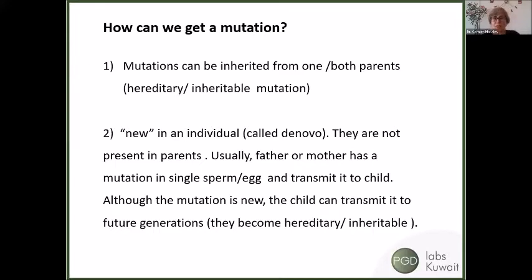What usually happens is that the father or the mother has a new mutation in a single sperm or egg, and this new mutation is transmitted to the child. Although this mutation is new and no other family member has it, this child from now on can transmit the mutation to future generations. So this mutation is now hereditary also.